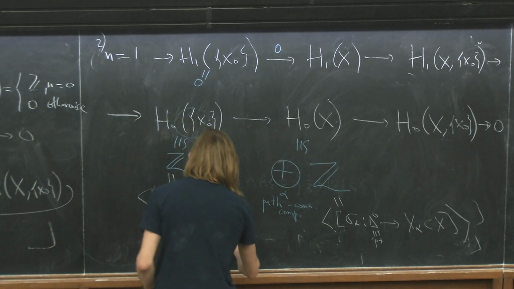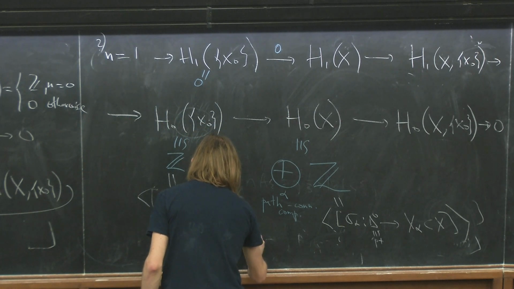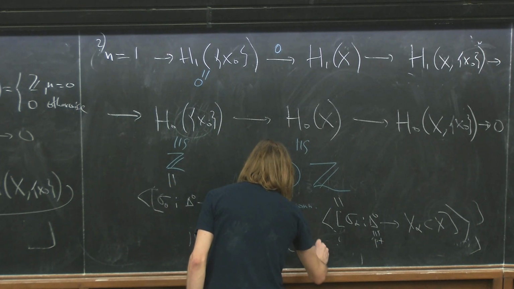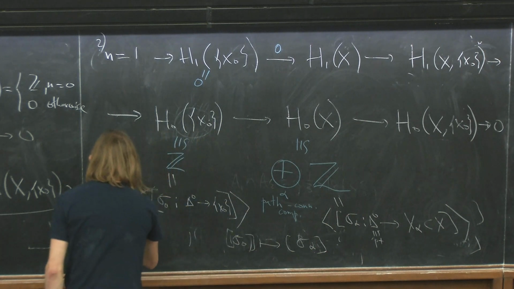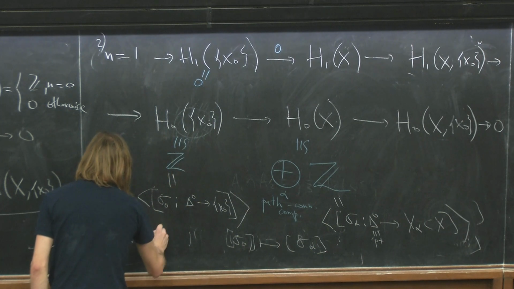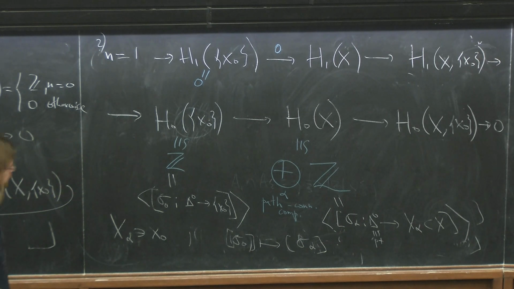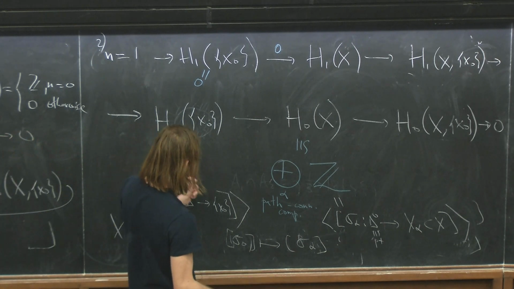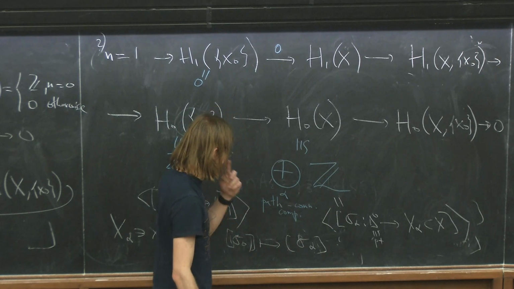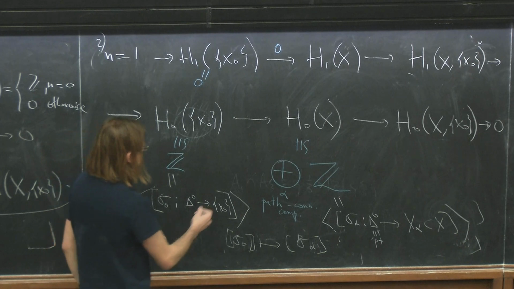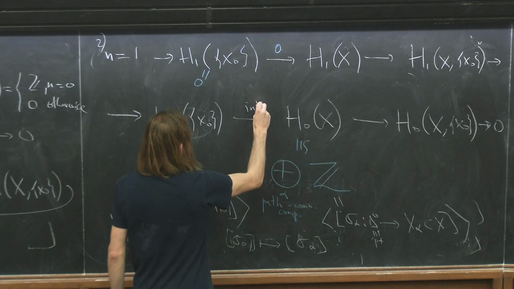The class of sigma 0 is mapped to the class of sigma alpha, such that X alpha contains the point. So a generator here is mapped to a generator here, and there's no relation. This is a free abelian group. This in essence implies that this is injective.